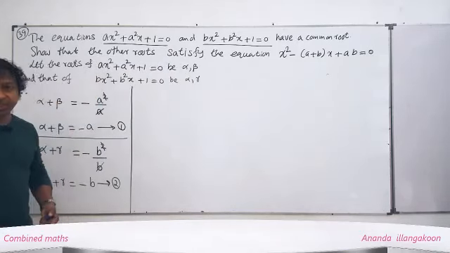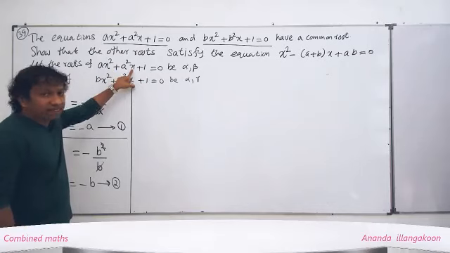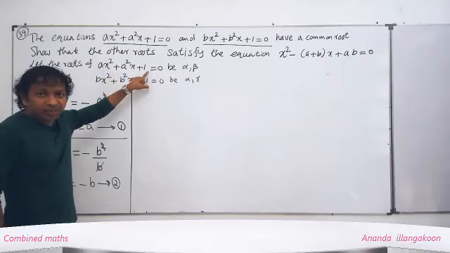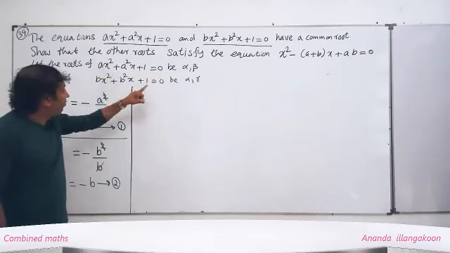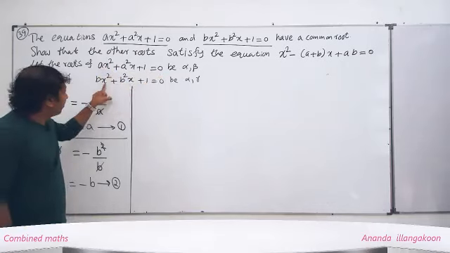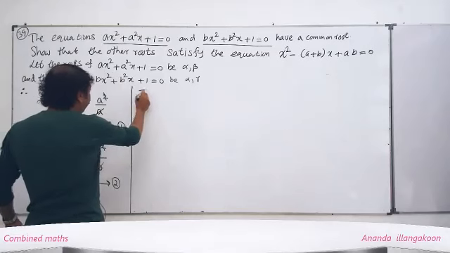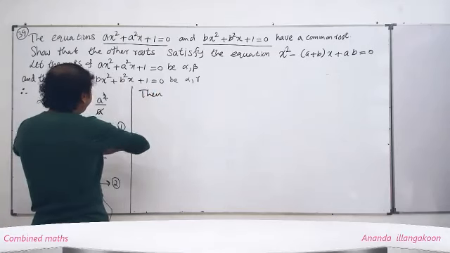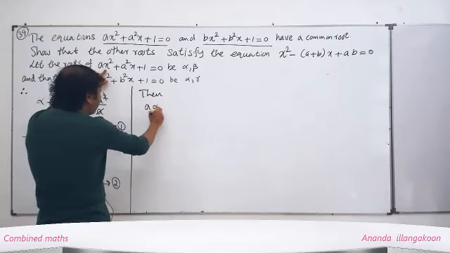People, then what I do is this alpha we substitute for this x, left hand side something coming should be equal to 0. The same alpha we substitute here, we get left hand side something that is equal to 0. Then we can write, people, a alpha squared plus a squared alpha plus 1 equals 0.